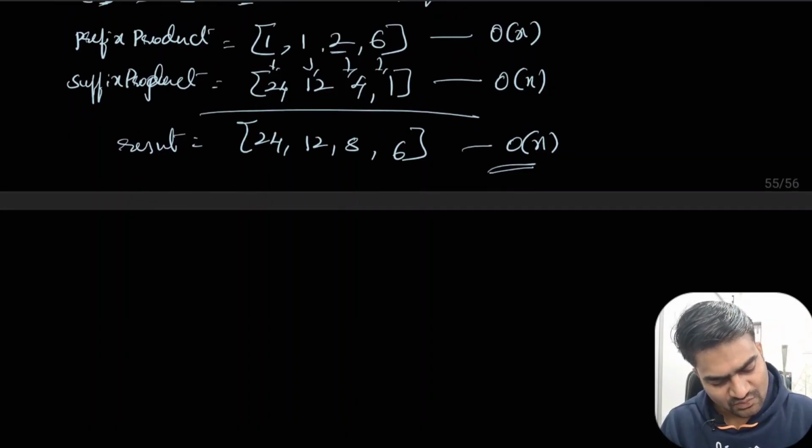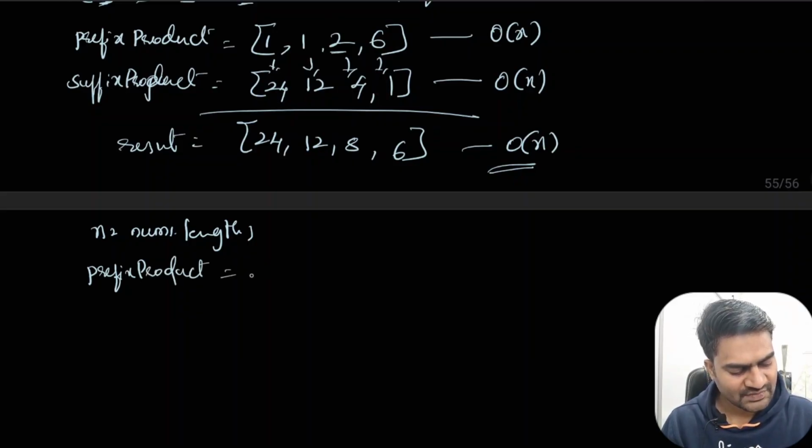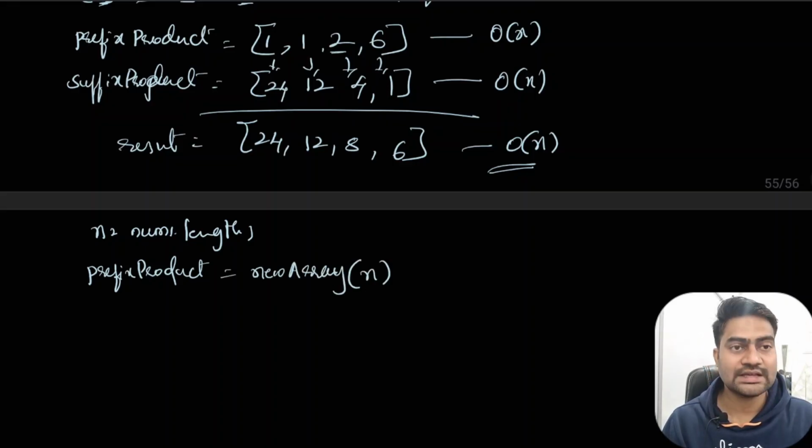So now what I will do, n will be nums dot length. Okay, then prefix product equal to new array of length n. Correct?